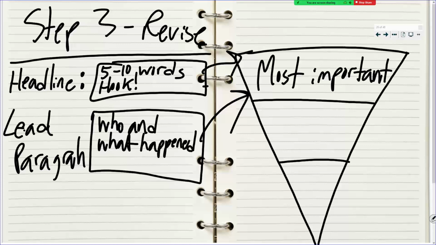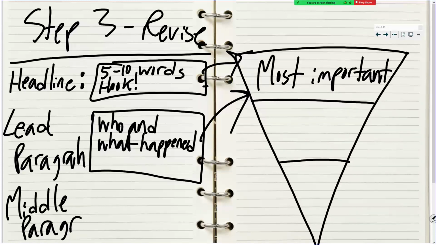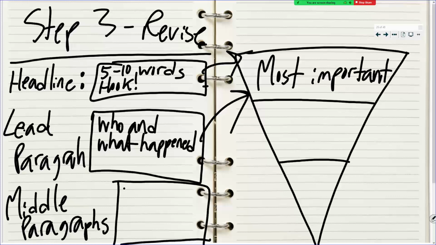And then you're going to have your middle paragraphs. And this is where you're going to talk about how it happened. So how it went down.